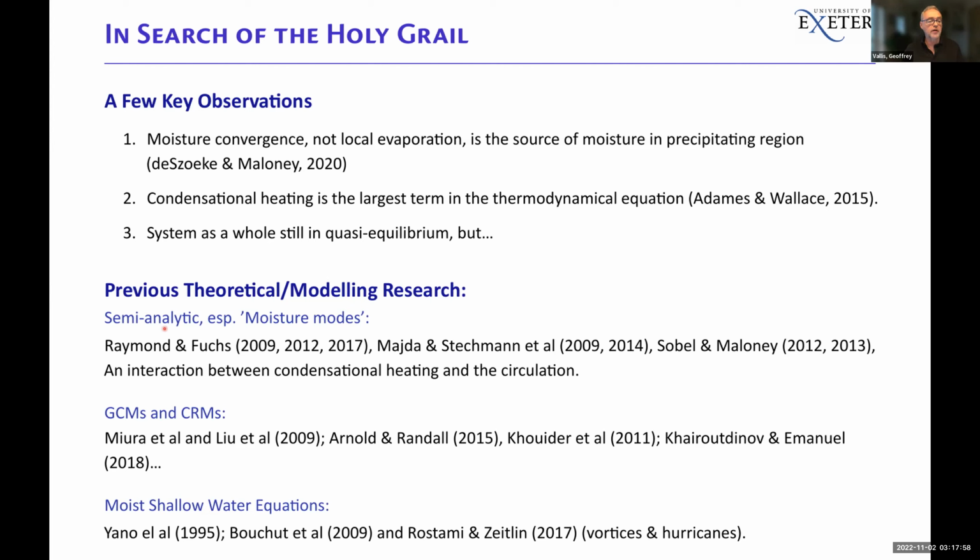And here are just a few references of previous work on it. A lot of the work that I'm going to talk about, in a sense, is a development of this early work by Raymond and Fuchs, and they coined the phrase moisture mode, implying that there's somehow an interaction between the moisture and the large-scale circulation, and that it wouldn't exist in the absence of moisture.